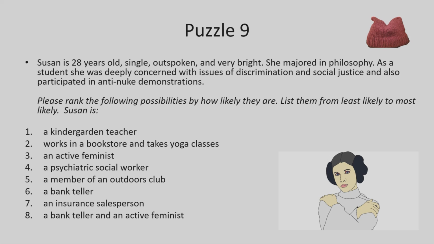Is she likely to be an insurance salesperson? Is she likely to be a feminist? So look at those 8 possibilities and try to arrange them from the one that you think is the most likely to the one that you think is the least likely. Is she likely to be an active feminist? Is she likely to sell insurance? Think about it, and we'll continue next time.